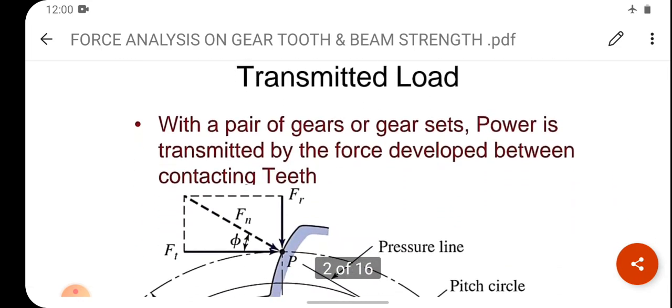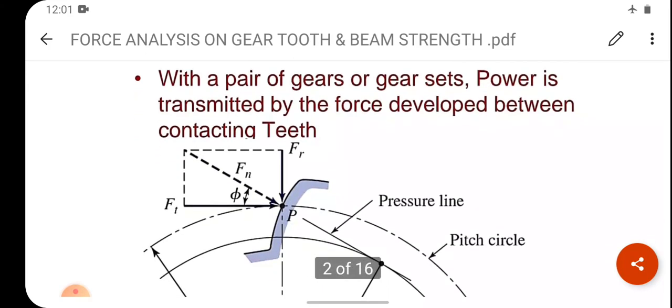First of all, we will discuss what is transmitted load. When two gears are in mesh, there will be a transmitting of torque or power from one gear to another gear. So with a pair of gears or gear sets, power is transmitted by the force developed between contacting teeth.